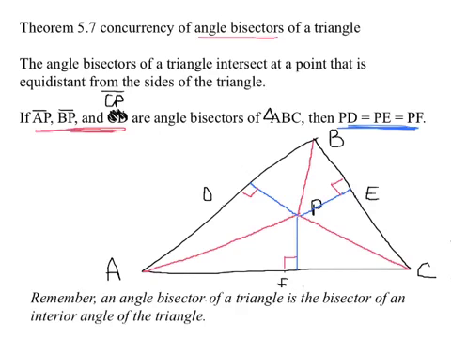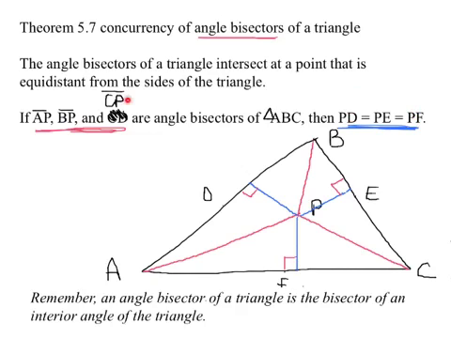The angle bisectors of a triangle intersect at a point that is equidistant from the sides of the triangle. If segment AP, segment BP, and segment CP are angle bisectors of triangle ABC, then PD equals PE equals PF. Okay, a reminder here, these are segments or pictures, these are measurements.